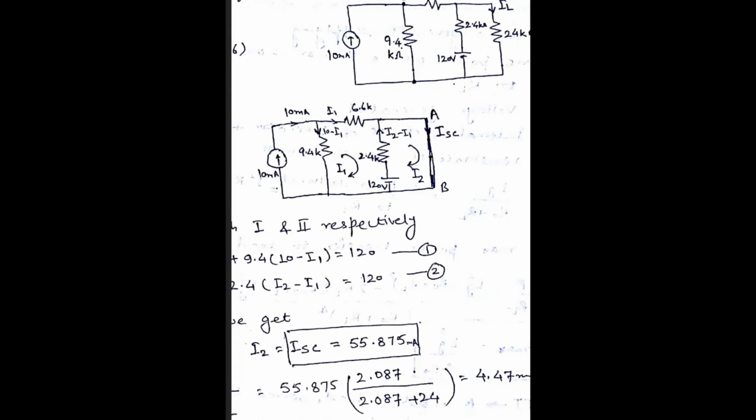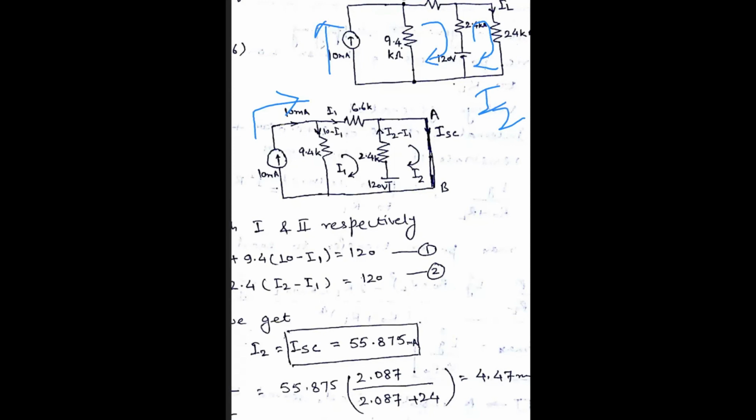In this circuit the direction of the current is shown upwards, so the current will flow in this manner. And there are two more loops. We have assigned the clockwise direction of the current I1 here, and the clockwise direction of the current I2 here.